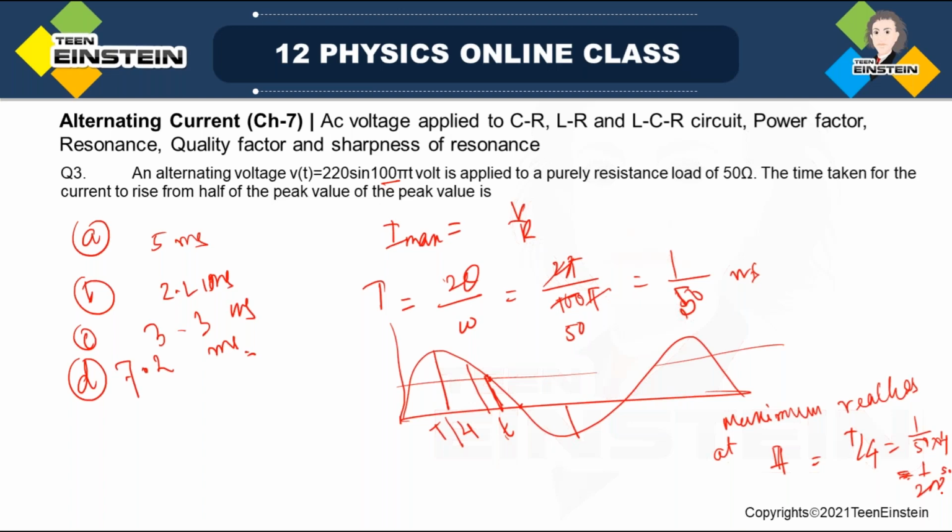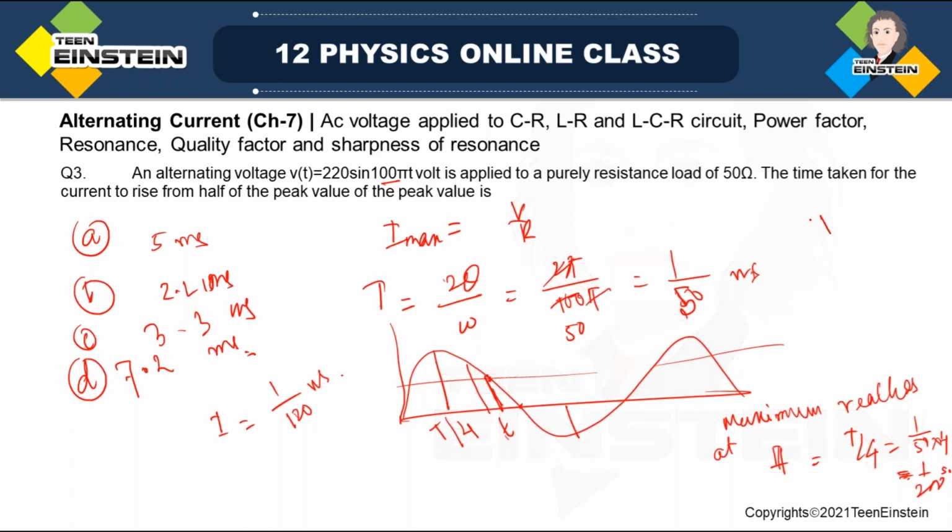So now half of it, the instantaneous time at which the current is half. When the current reaches its maximum, that is T by 4, which we have already calculated.